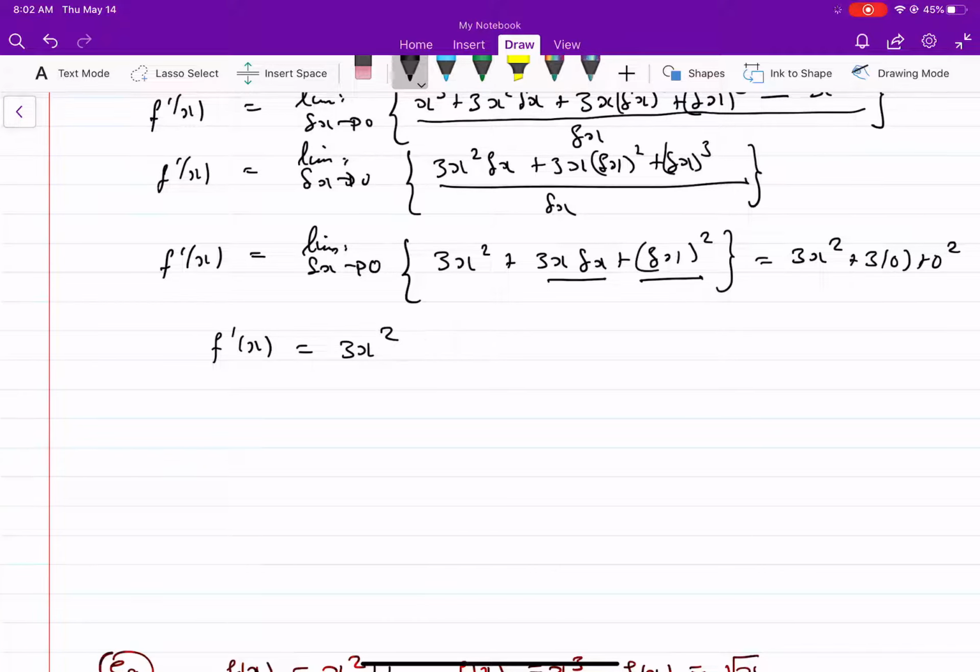So let me summarize: if f of x is equal to x cubed, then f prime of x is equal to 3x squared. Yay. Not too bad. Hope it's starting to take shape.